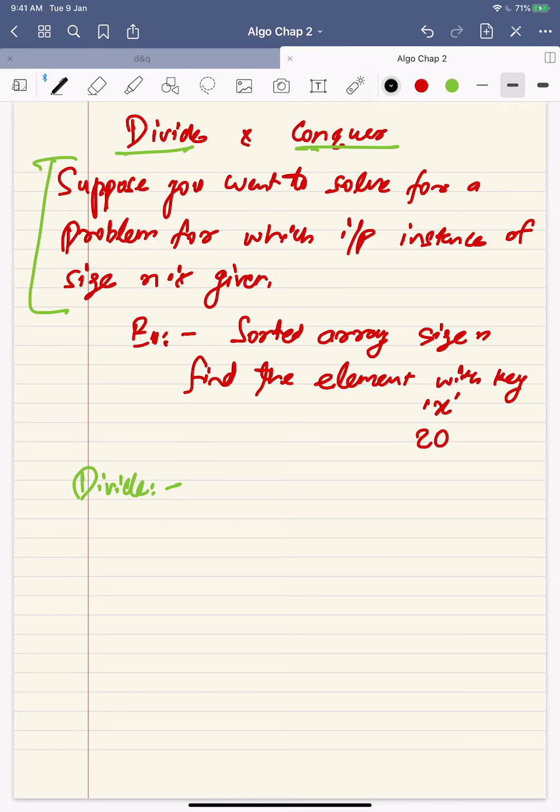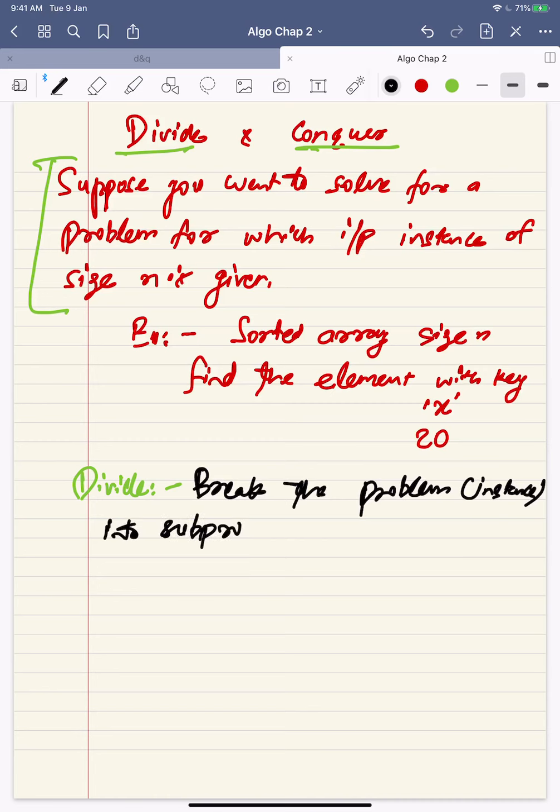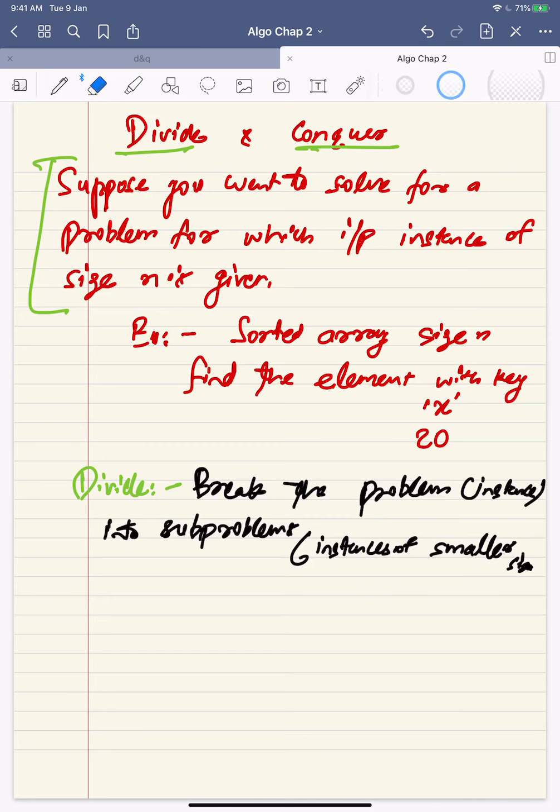So you do a divide, that is, break the problem instance into subproblems. What are the subproblems? They are instances of smaller size.